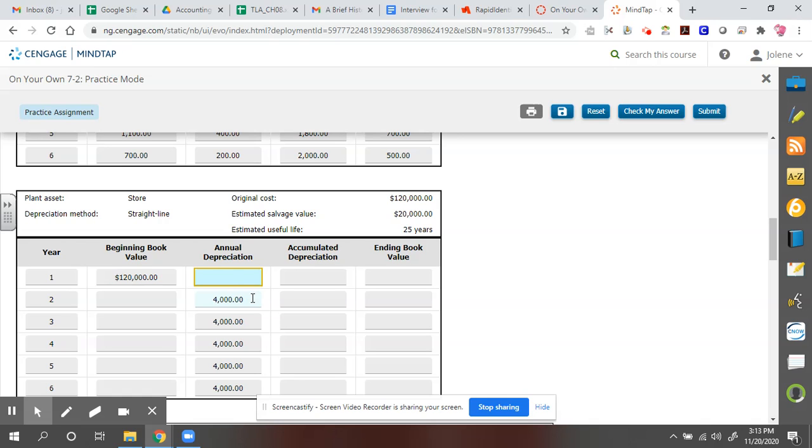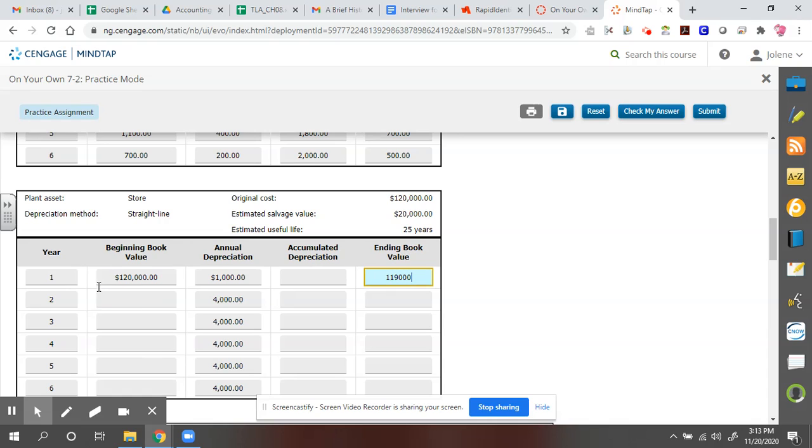So in this first year, we're only taking off $1,000 because they only used it 3 of 12 months. So 3 divided by 12 gives you 25%. Take that 25% times your 4,000. Okay, so in the first year, $120,000 minus 1,000 gives us 119.